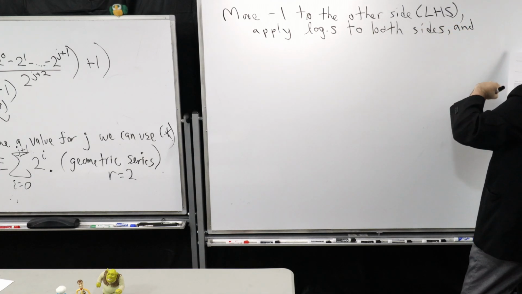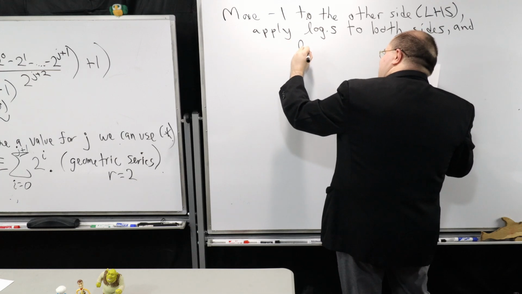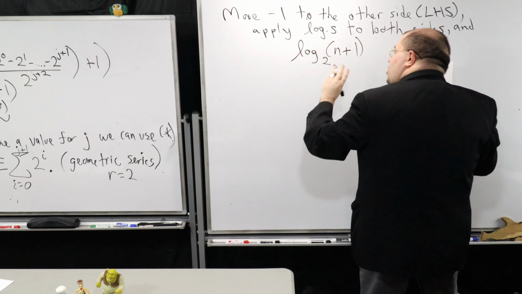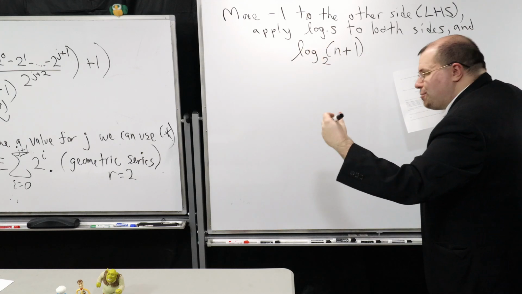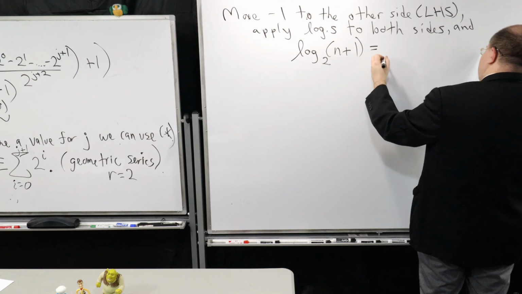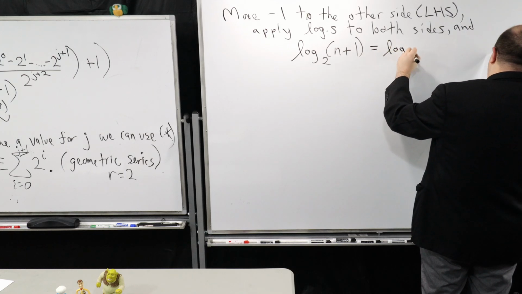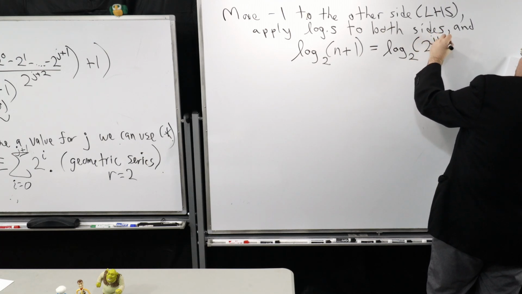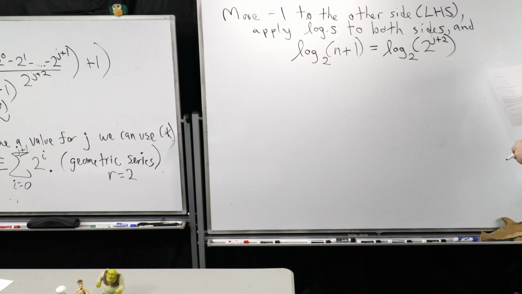And you'll end up with this. You'll end up with log base 2 of n plus 1, because moving the minus 1 to the other side means I'm going to add 1 to both sides of the equation. Which, because of the equation I have, is equal to log base 2 of 2 to the power of j plus 2. Now here's the great part.